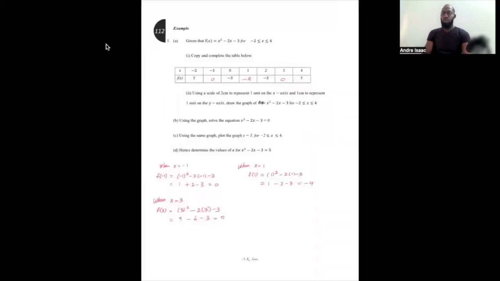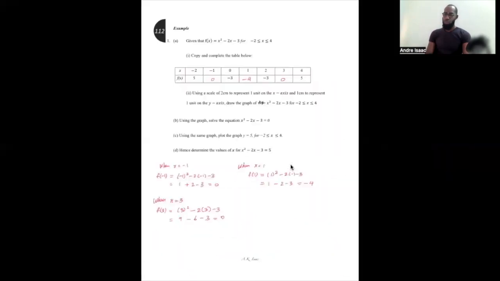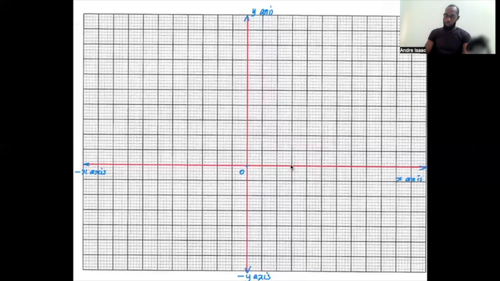They said using 2 cm to represent 1 unit on the x-axis. So every two boxes represent 1. We have 1 box, and a next box, so this will be 1. Then 2, and so on. We have 1 to 5 here. Let me make it have a little 6 here.